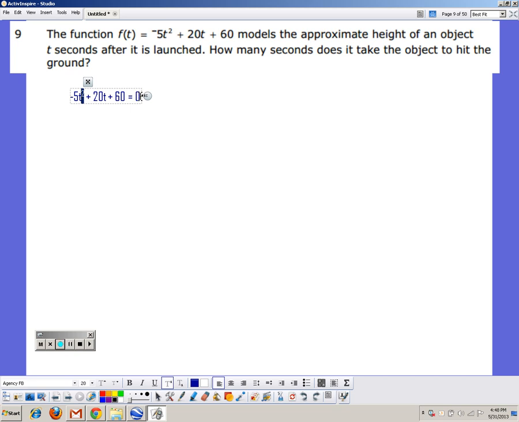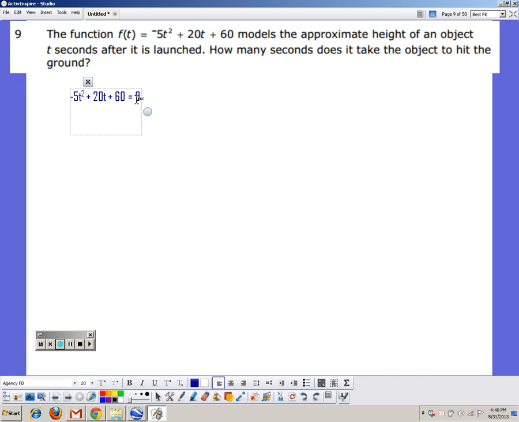Now again, you can try to find two numbers that multiply to 60 but when added together give us 20. But if you look, our signs here are positive and another positive. Well, there is no number off the top of our heads that multiplies to 60 but adds up to be 20.